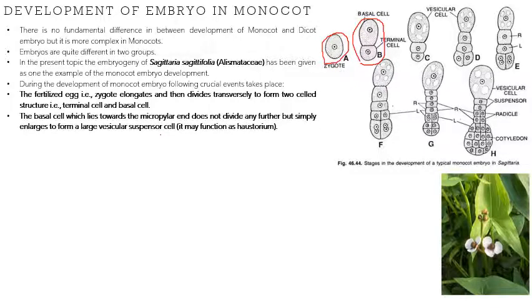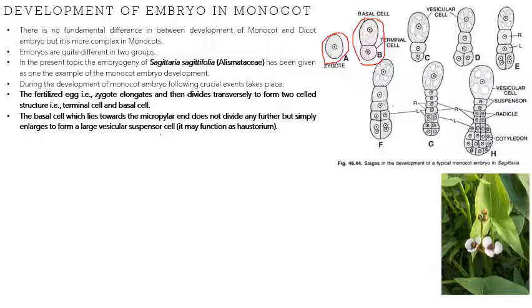The basal cell, which lies towards the micropylar end, does not divide any further but simply enlarges to form a large vesicular suspensor cell. It may function as a haustorium.